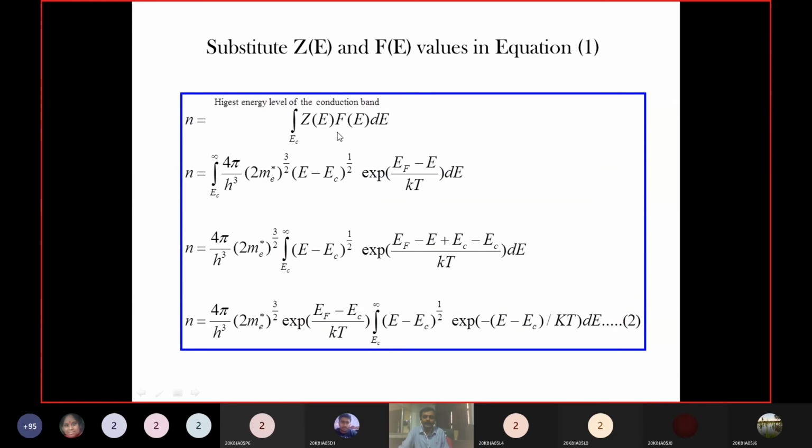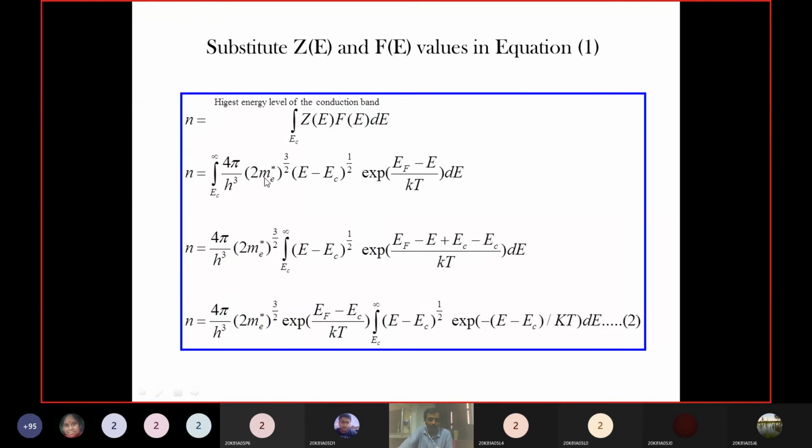Z of E dE is 4 pi by h cube into 2me whole power 3 by 2 into E minus EC whole power 1 by 2, and f of E is exponential of EF minus E by KT into dE. This gives the total number of electrons present in the conduction band. The lower limit is EC and the upper limit is infinity.